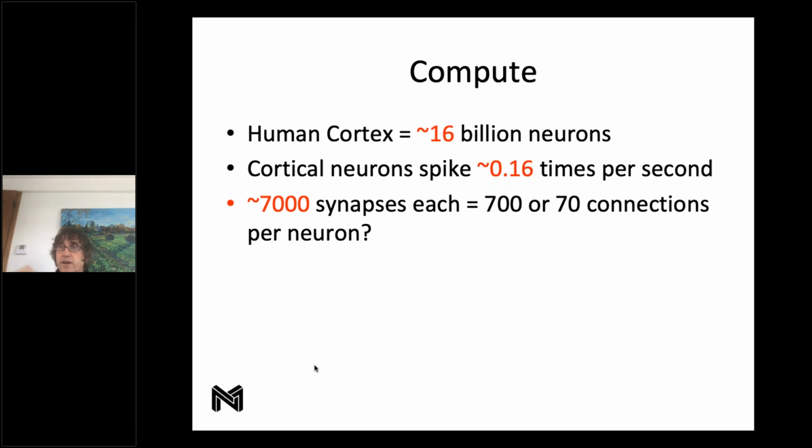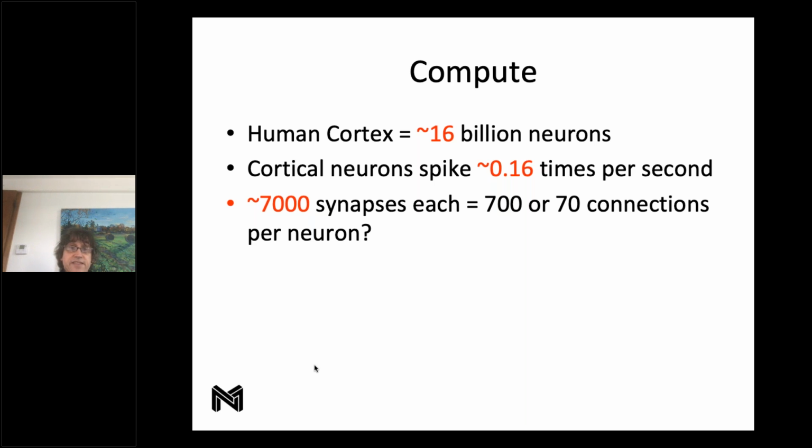if we're trying to model neurons in the same way that we have weights and connections in a neural network, then the 7,000 synapses probably connect us to maybe 700 or 70 connections per neuron.